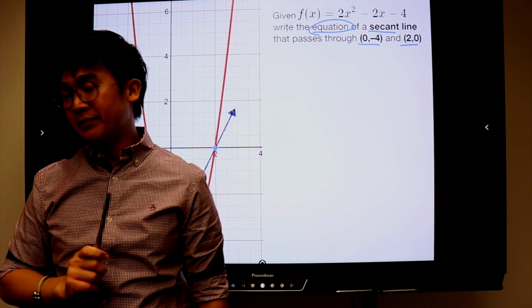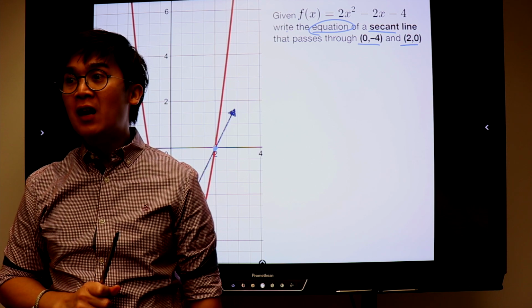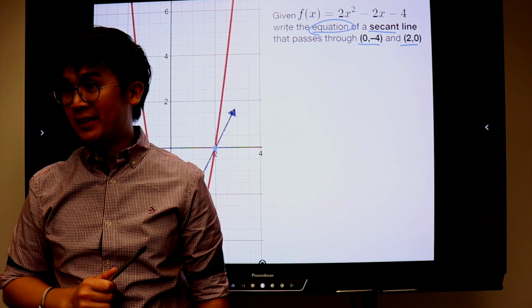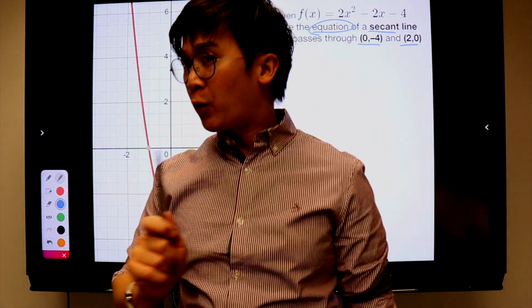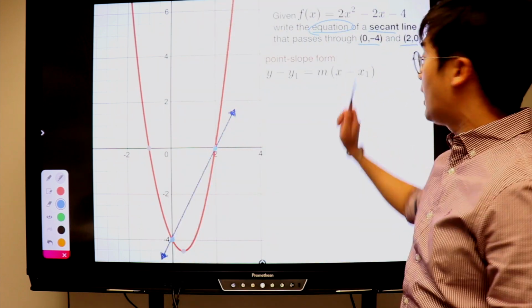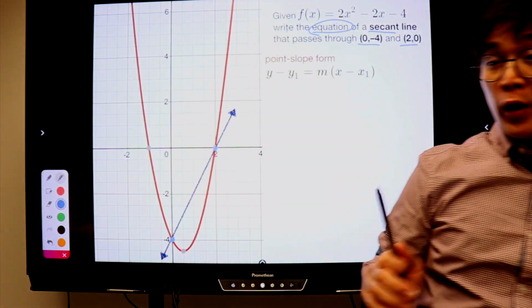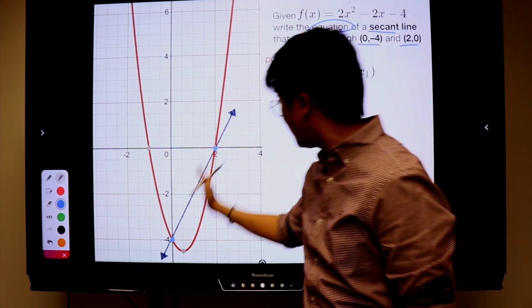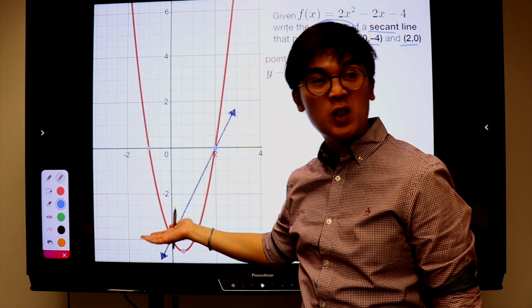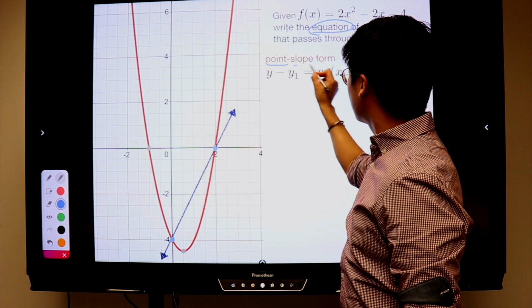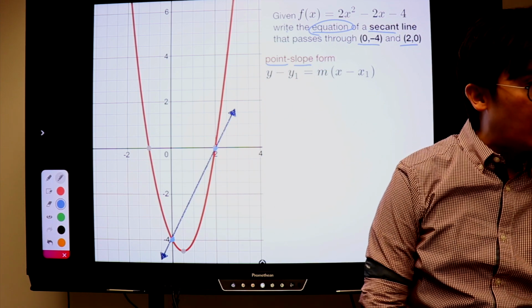But that's not enough. That is just the formula for finding the slope of a line given 2 points, right? But in writing an equation of a line, this is the formula that we're going to be using. The point-slope form. The point-slope form is a formula that we use to construct the equation of this secant line right here, also known as just a line, given the point and the slope, from the word itself.